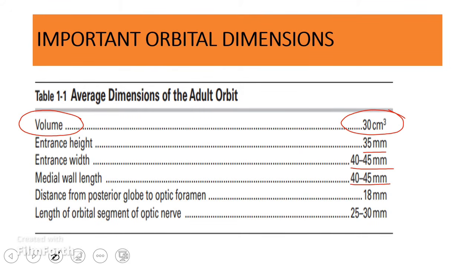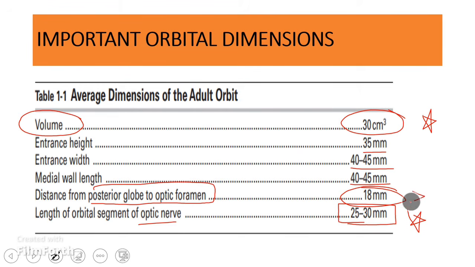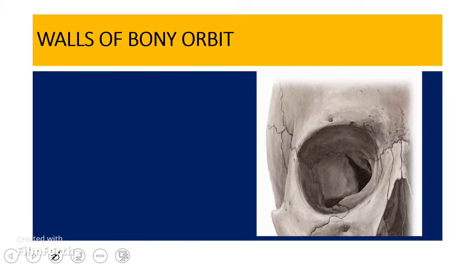The distance from the posterior globe to the optic foramen is about 18 millimeters, and the length of the orbital segment of the optic nerve is about 25 to 30 millimeters. So the three important dimensions are the volume, the length of the orbital segment of the optic nerve, and the distance of the posterior globe to the optic foramen.